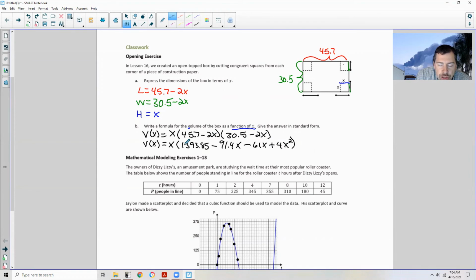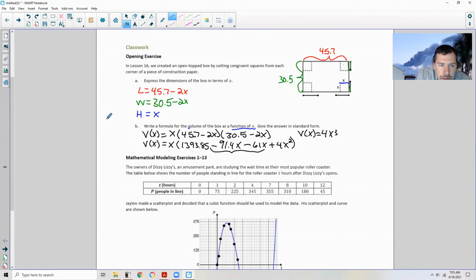So then I'm going to just distribute the x throughout, and that is going to give me v of x equals, and I'm going to put this in order from greatest power to least, and I also need to combine my like terms here. So I'm going to do it all at once. So x times 4x squared is going to be 4x to the third. 4x cubed. So that was x times 4x squared. And then we're going to multiply x times the linear terms added up.